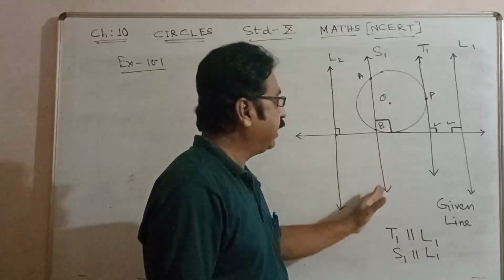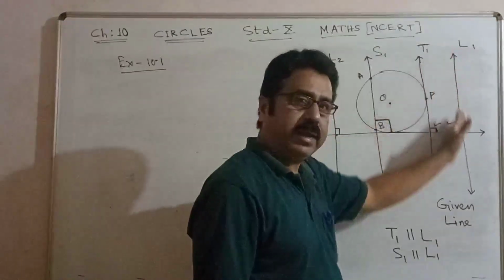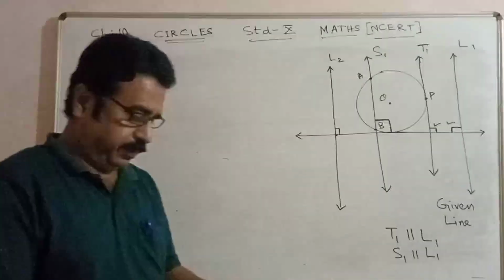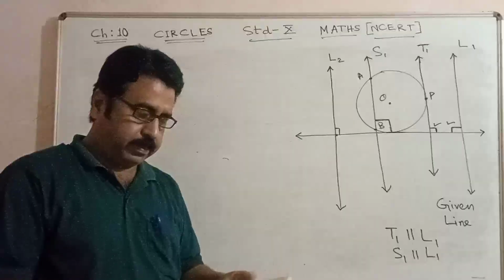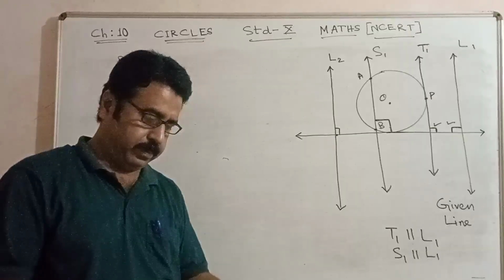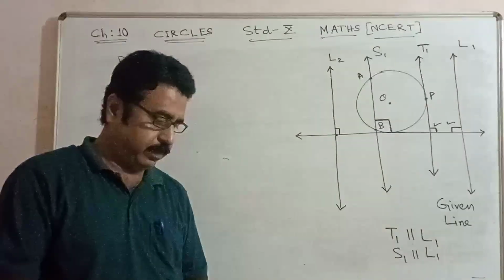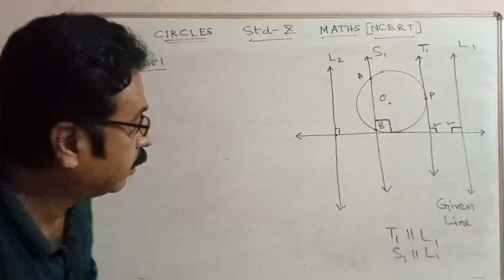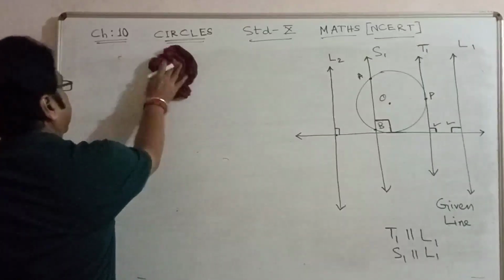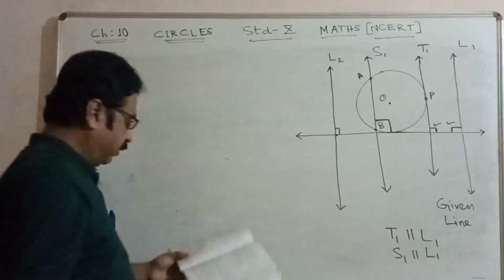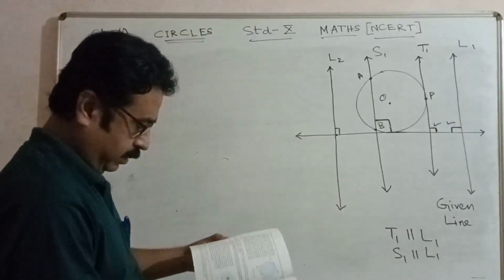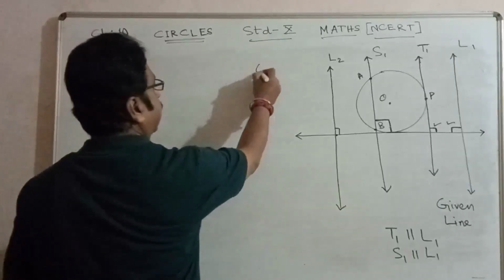That means secant S1 and the given line L1, they are parallel to each other. Next topic. This was question number 4.